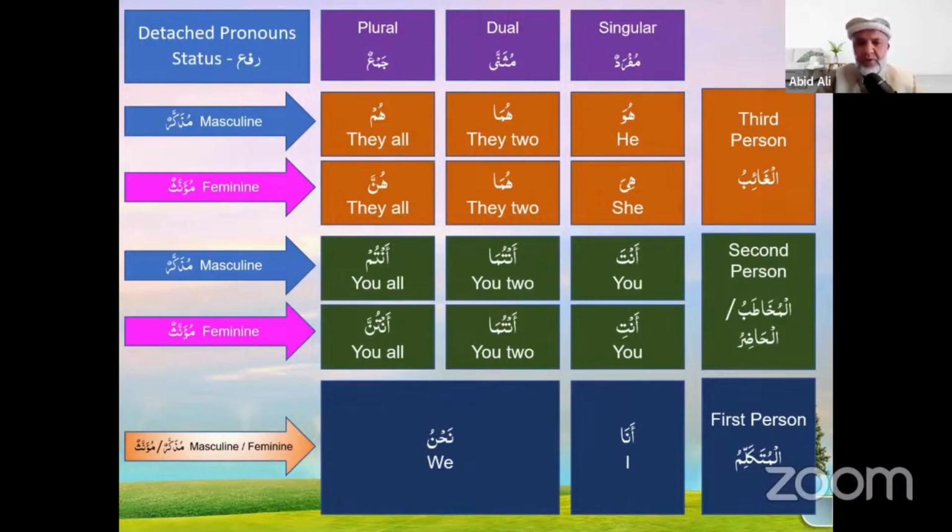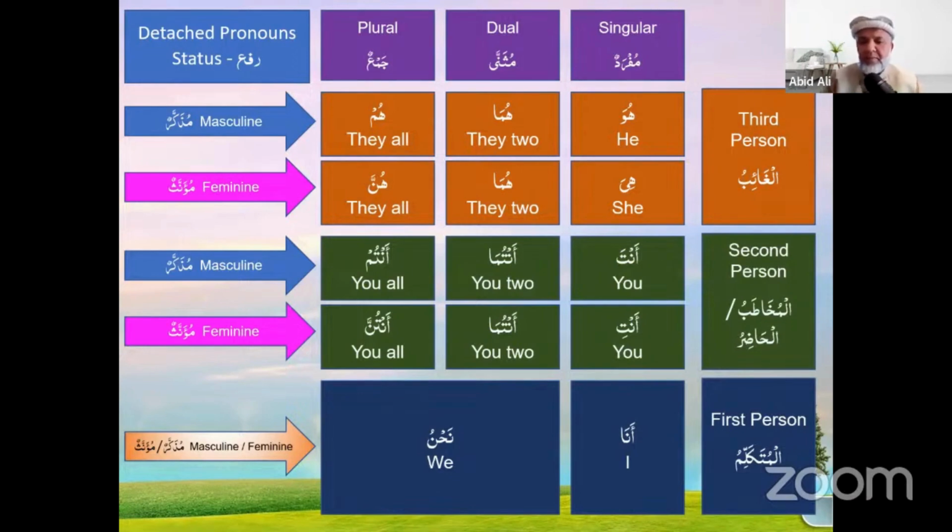So it's very simple. Let's just look at the wording one more time. Huwa, huma, hum. Hiya, huma, hunna. Anta, antuma, antum. Anti, antuma, antunna. Ana, nahnu. Anytime I say give me a rafa pronoun, these are the 14 pronouns I'm expecting from you.